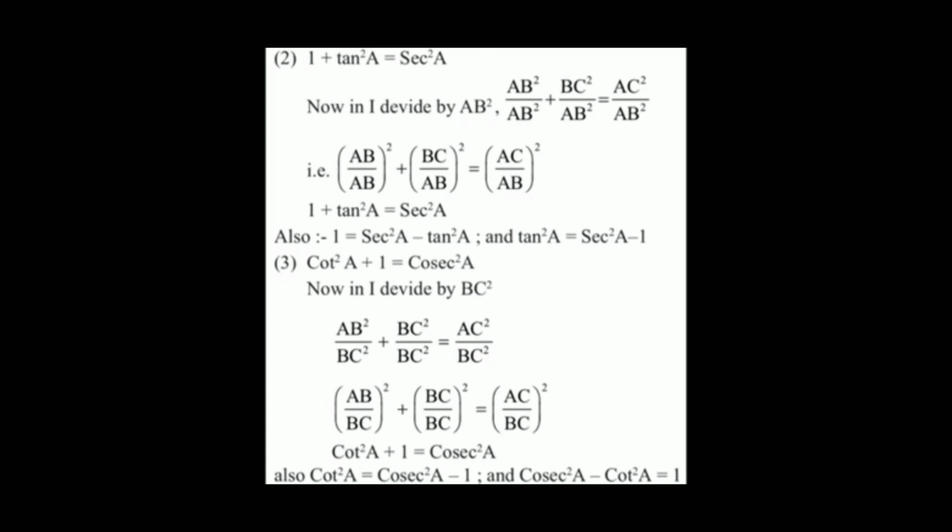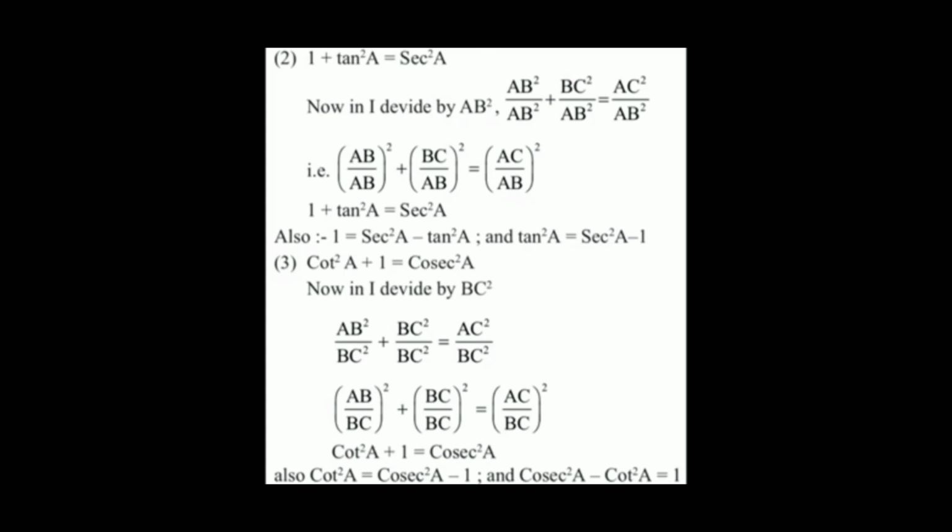We can convert them into the t ratios, like AB by BC is cot A, so cot square A, plus BC by BC cancels, it is 1, is equal to AC by BC is cosec A, so cosec square A. In this way, now we are having the third trigonometric identity, that is cot square A plus 1 is equal to cosec square A. And from this main equation, we again derive the remaining two subparts by shifting first 1.